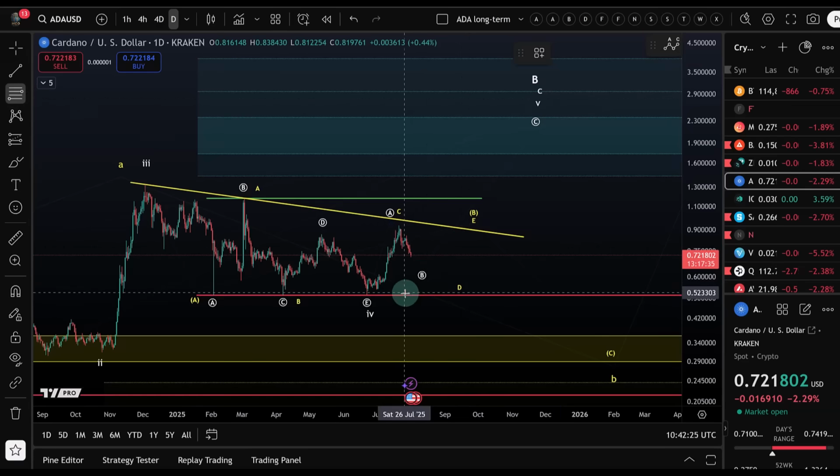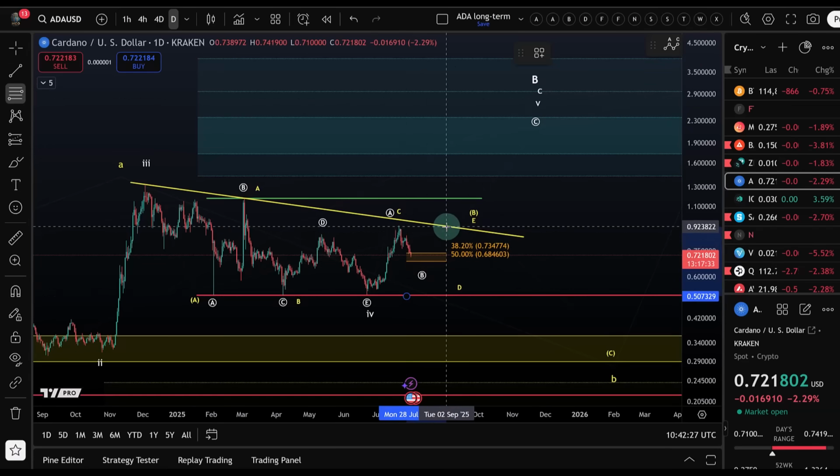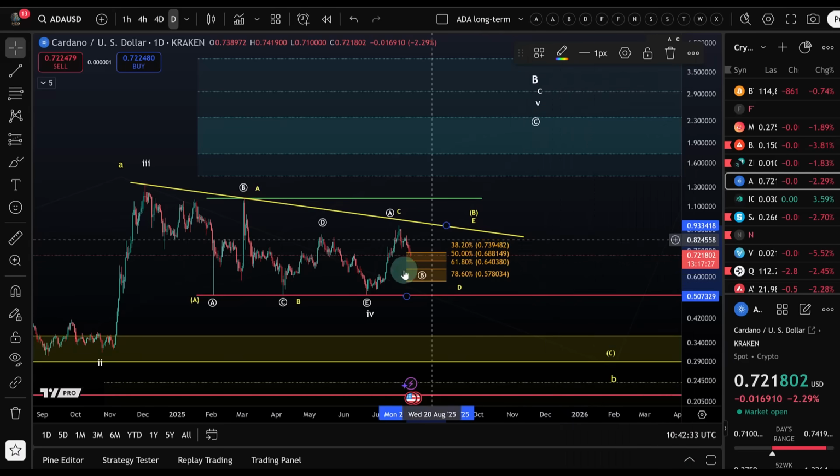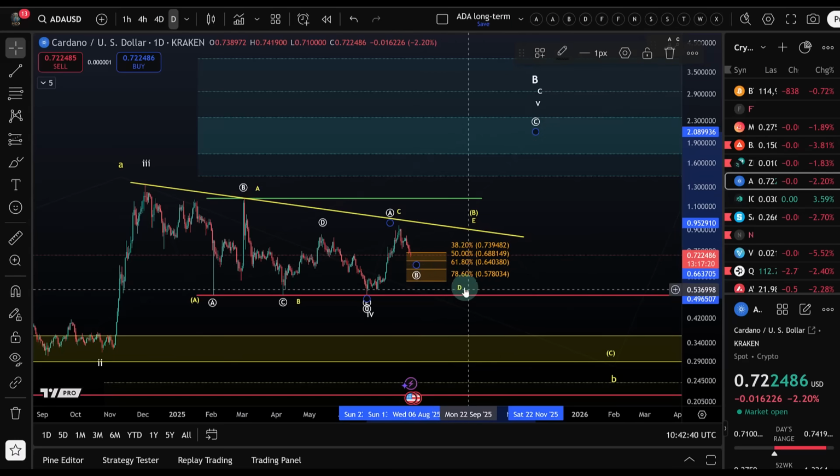Now, I want to share with you a deeper support area that might be worth watching, which I'm not showing yet on the 1-hour chart. In this scenario, the market could find support in this region between 57.8 cents and 73.9 cents in any deeper pullback.